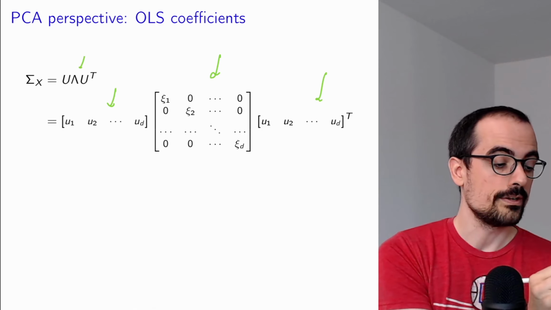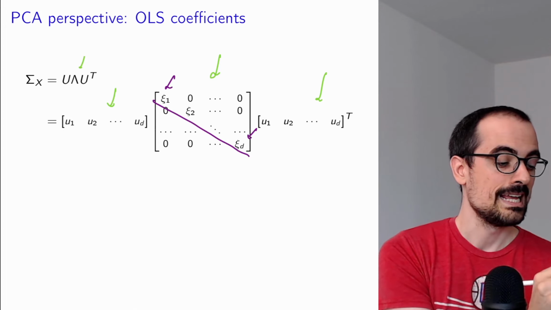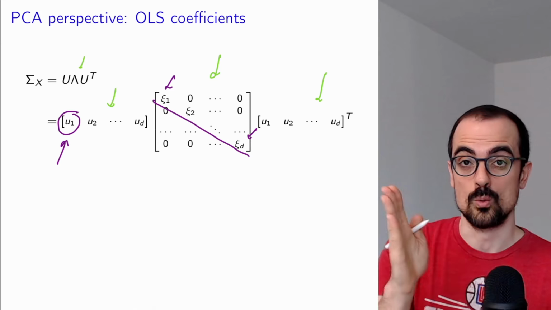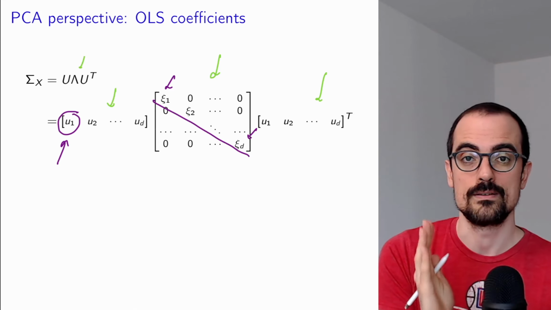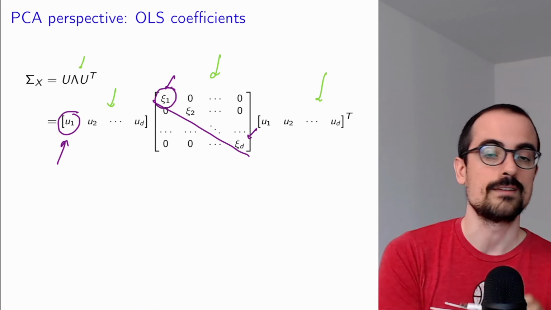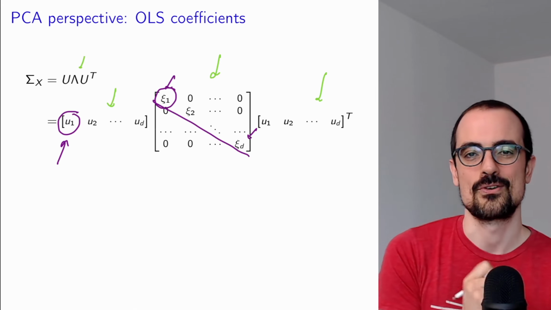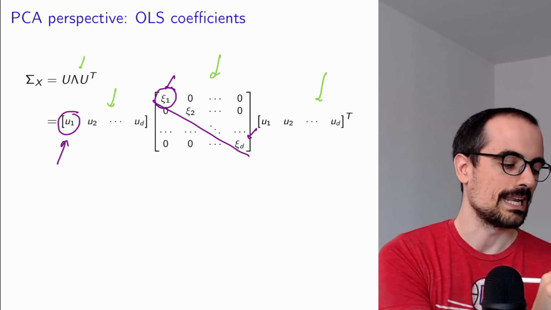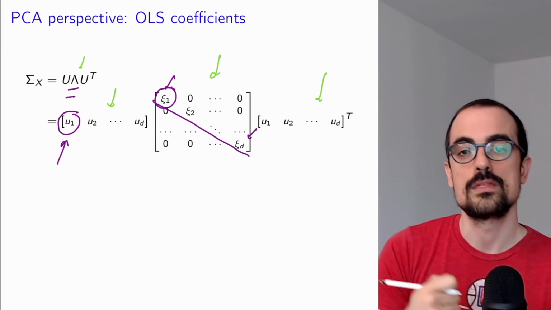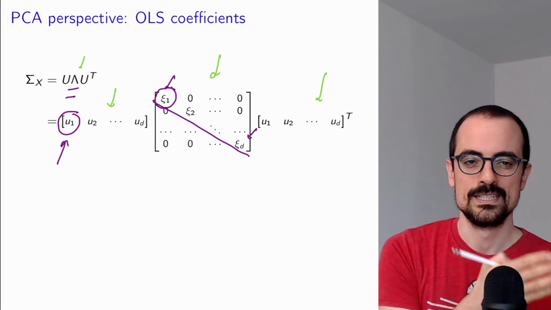Remember that if we order these so that this is largest and this is smallest, the features have the most sample variance in the direction of U1, which is a unit L2 norm vector, and that variance is this value. If you go look at the PCA video, you will realize that we used lambda for that value in that video because we used big lambda for this matrix. But here we don't want to confuse this with the regularization parameter of ridge regression, so that's why I have changed the notation to this xi.